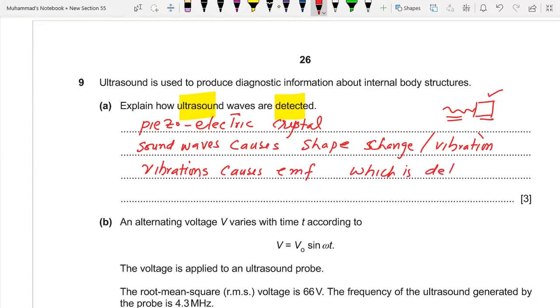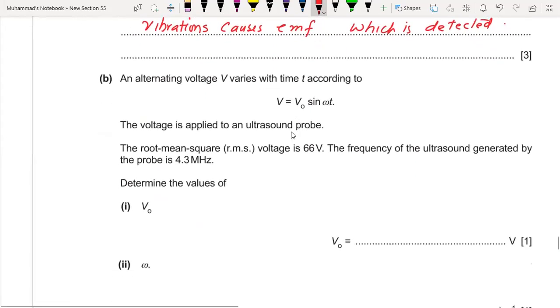So we can detect the electrical signal. The electrical signal generated will have the same frequency as the ultrasound.